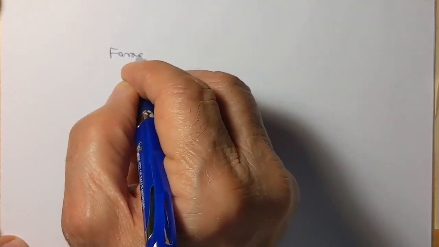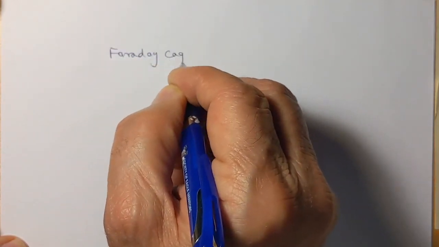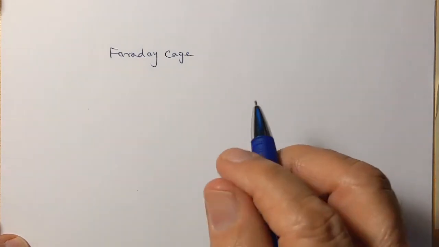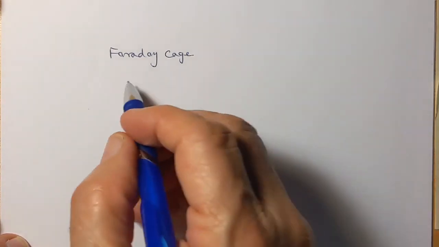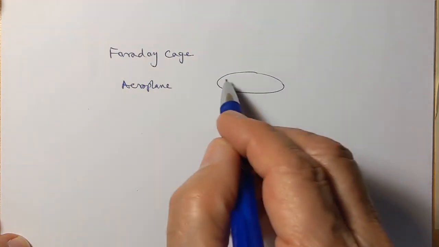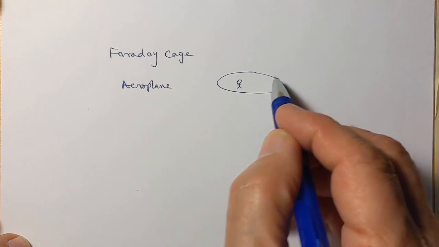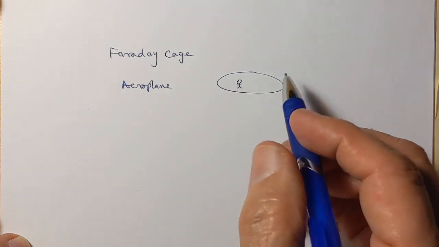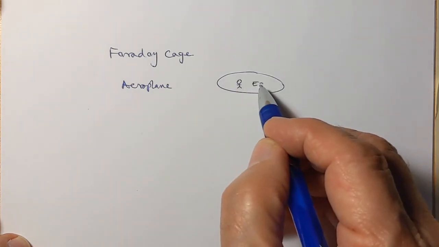Now lastly, we'll look at a Faraday cage. If there is a metal container, for example an aeroplane, which is a metal shell, and people are inside it, the electric field inside is going to be 0.